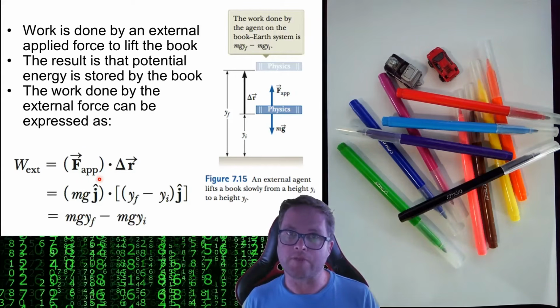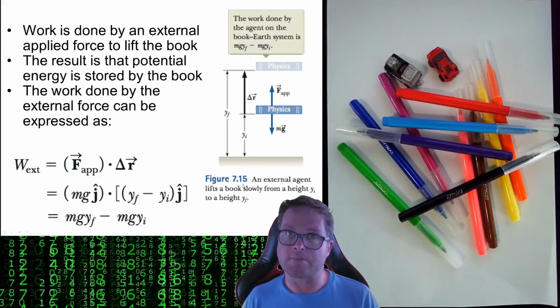Now, if we look at what each of the individual terms are, we see the applied force will need to be mass times gravity in the positive j hat direction, because the force is being applied upwards to lift the book upwards. And the displacement is also going to be from this point here upwards.